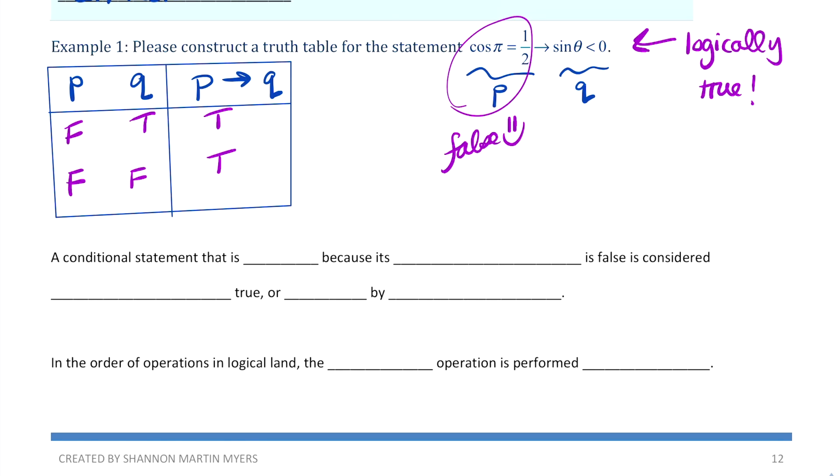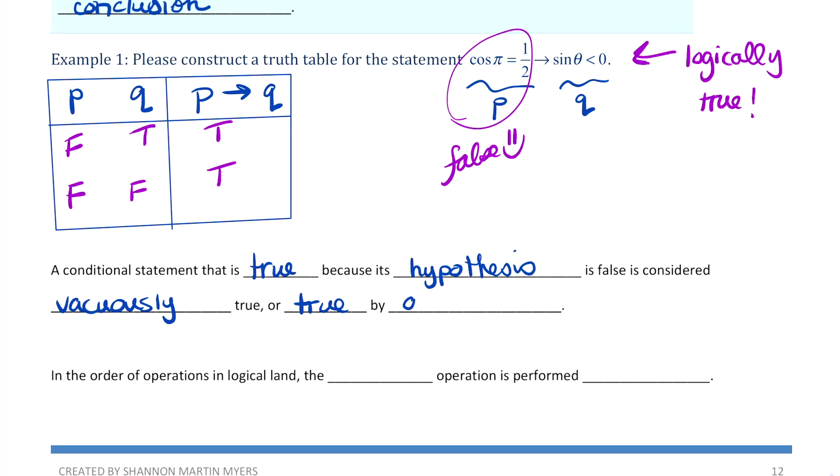All right, so a conditional statement that is true because its hypothesis is false is considered vacuously, hopefully I'm pronouncing that right, true or true by default.